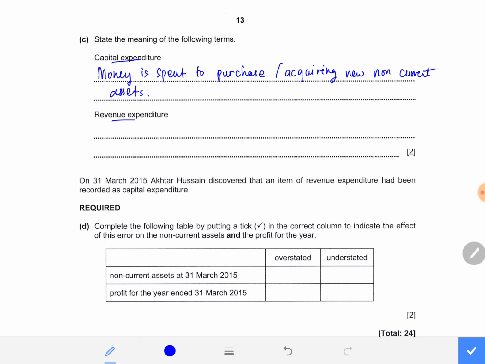Meanwhile, revenue expenditure is money spent in the business on a day-to-day basis.